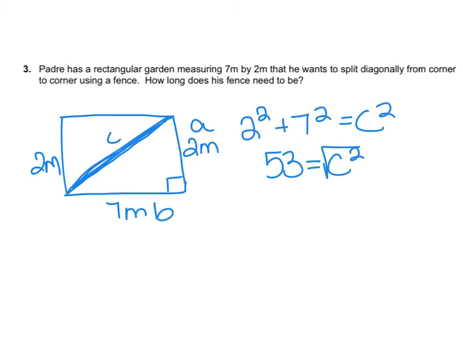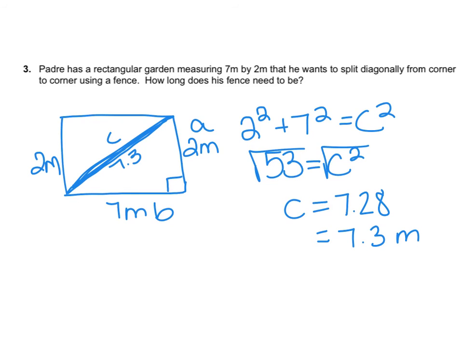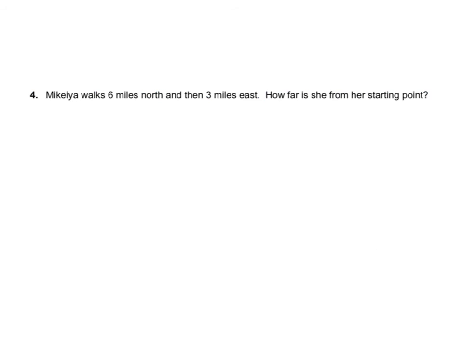Again, we do not want c squared, we want c. So we'll take the square root of 53, and we'll have 7.28, and that goes on longer. Let's just round this to the nearest tenth, which would be 7.3. So it would be 7.3 meters. So from here to here, you'd have 7.3 meters.